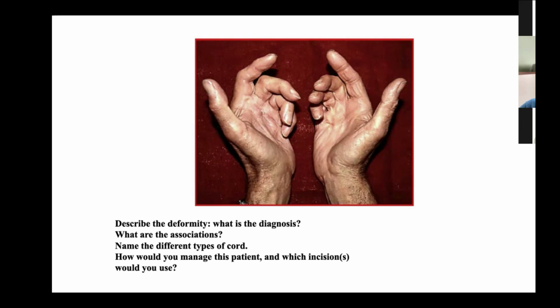The options would be to do nothing. I will discuss with the patient that there is a high risk of recurrence and a significant risk of complications associated with the surgery. Treatment can be non-operative, starting with physiotherapy, which is unlikely to improve it, and analgesia, depending on the patient's expectation as well as function.